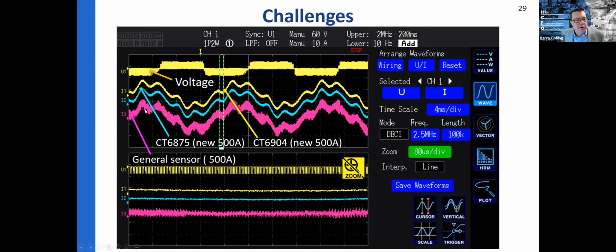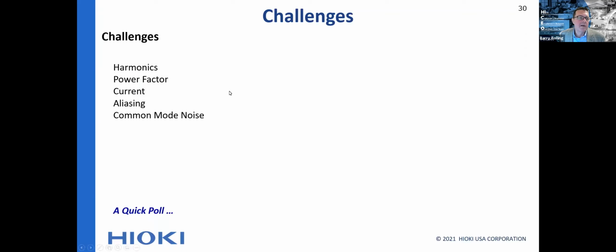You can try to filter it out, but you probably should think about a better CT. And then these other two CTs are in fact late generation Hioki CTs. This is more like what your current waveform should look like in the presence of U1. So that's the common mode rejection that you need for your modern power analysis of SiC and GaN.